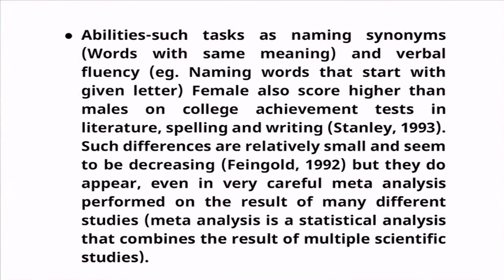What is meta-analysis? It is a statistical analysis that combines the results of multiple scientific studies. Some say the girls are doing better on the verbal, some say males are doing better in that area. So, if you do the meta-analysis, again the results are not conclusive. We can't say in which area which is better.